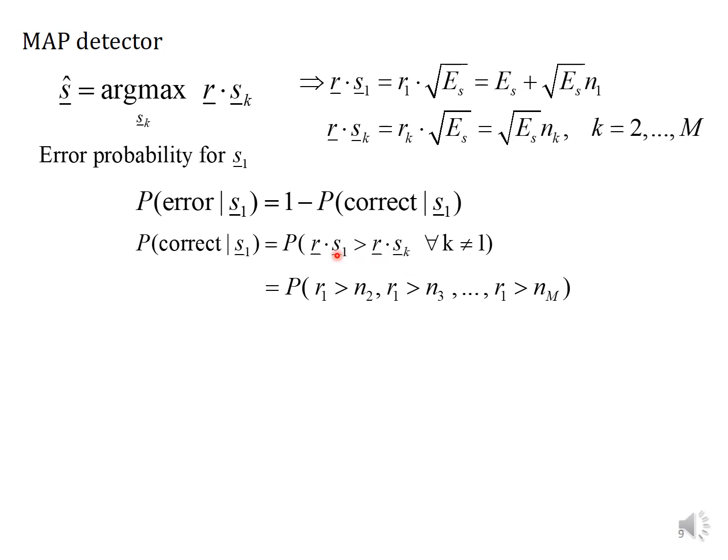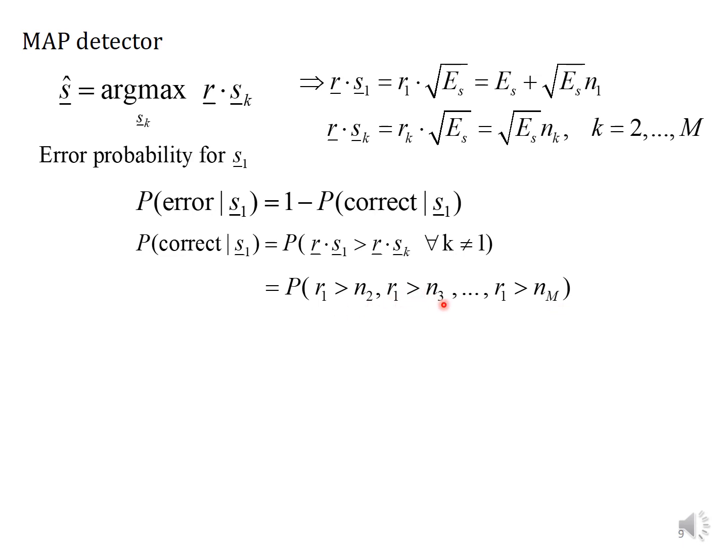We have the receive vector R, with components R1, R2 to Rm. In this vector R, R1 has to be greater than R2, which is N2. R1 has to be greater than R3, which is N3. And R1 has to be greater than Rm, which is only noise Nm.